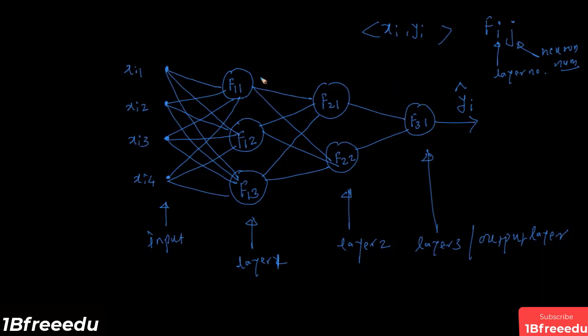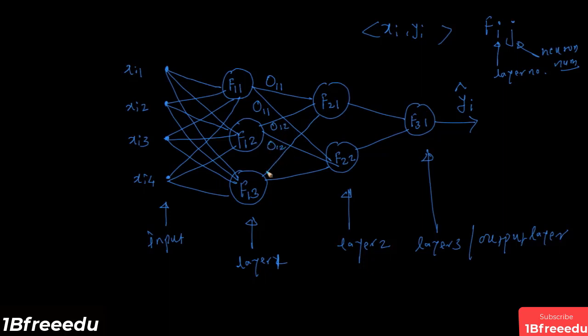Now let's see how we represent the output of a neuron. The output of this neuron is represented like this: O. Now this output is O11, exactly similar to the notation here, 1 1, because this is the output of neuron 1 1. This line is also the output of neuron 1 1. This line is the output of neuron 1 2.